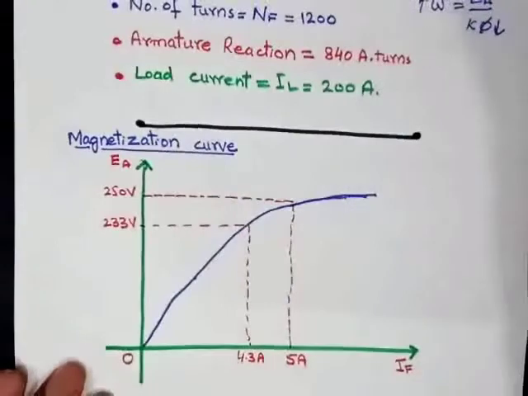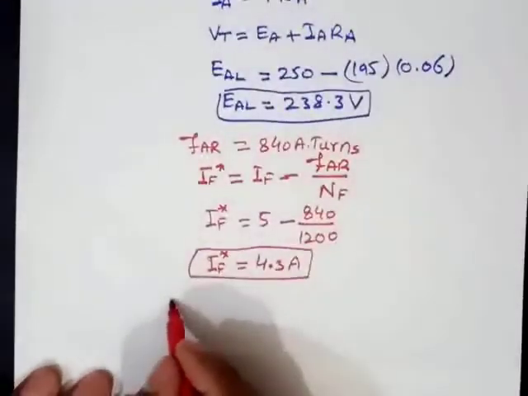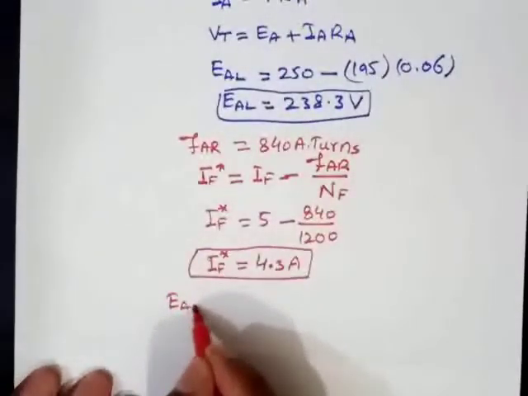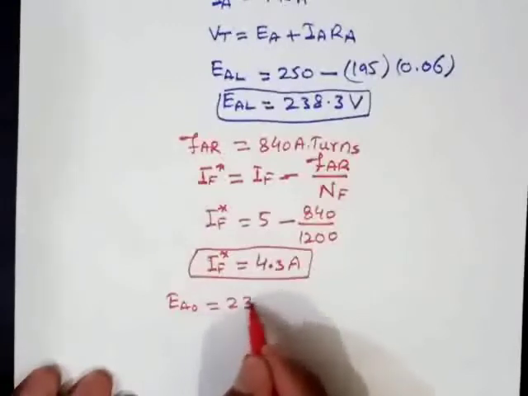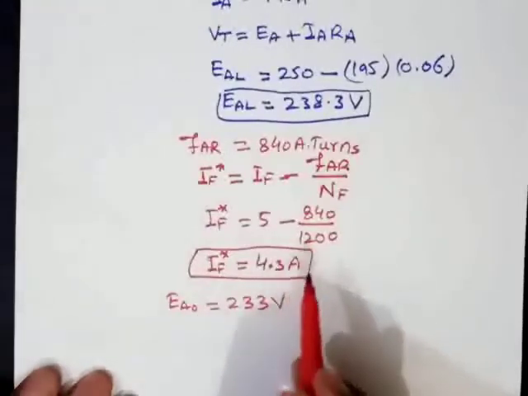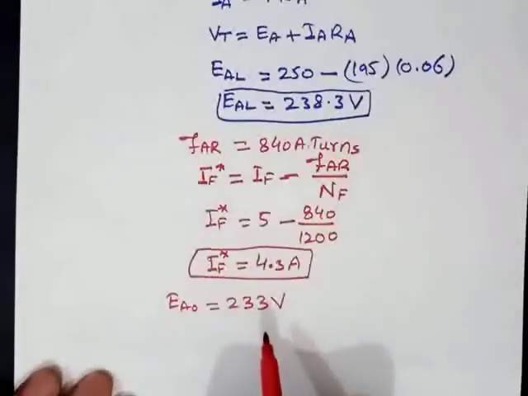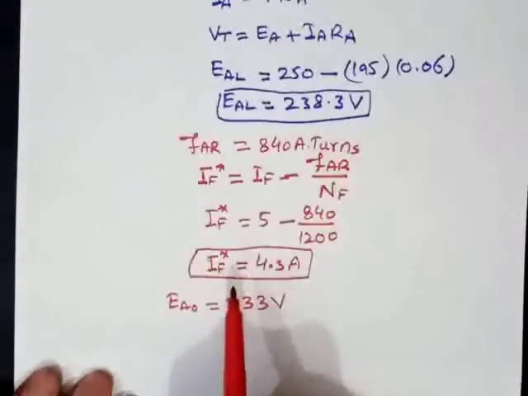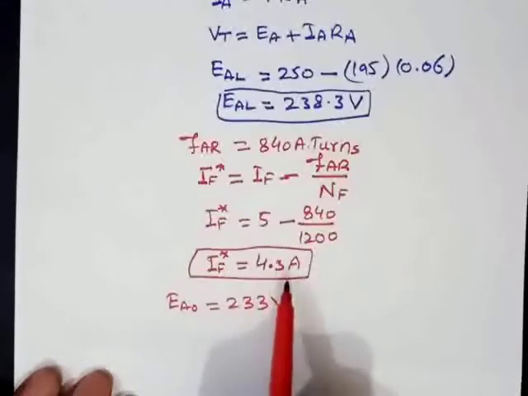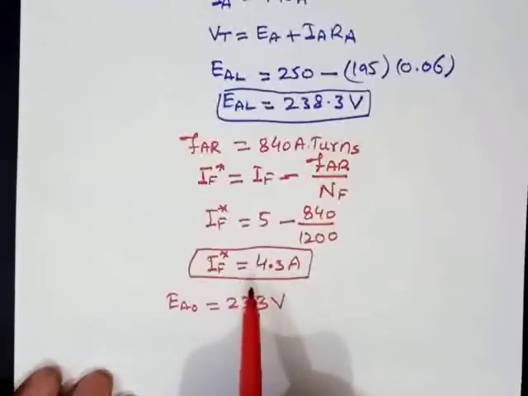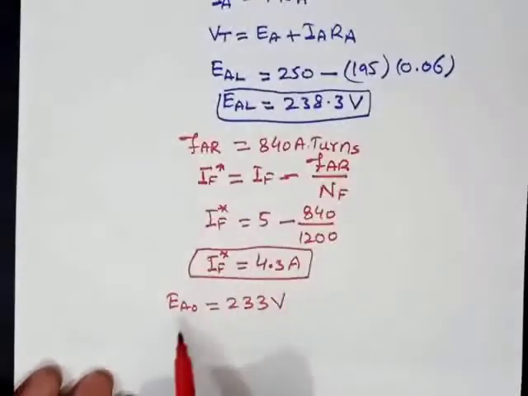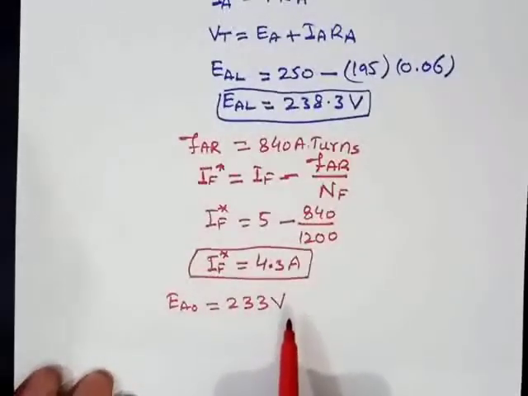That is, EA naught will be equal to 233 volt. We calculate this value from the magnetization curve because the field current is now 4.3 ampere.